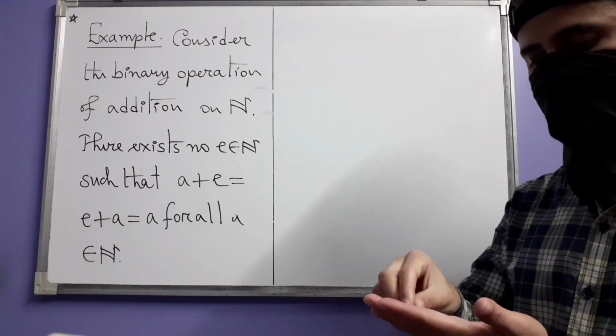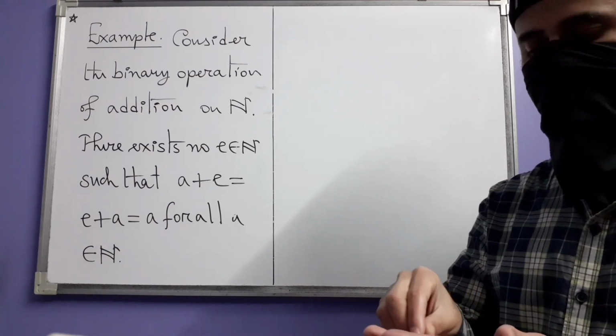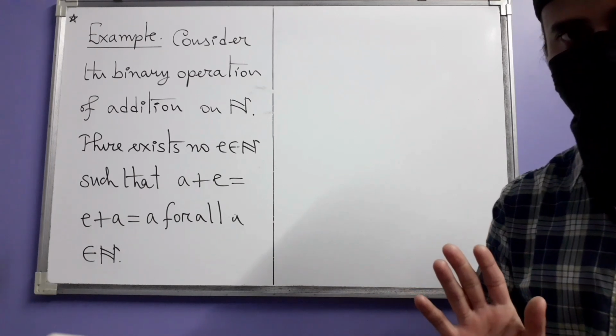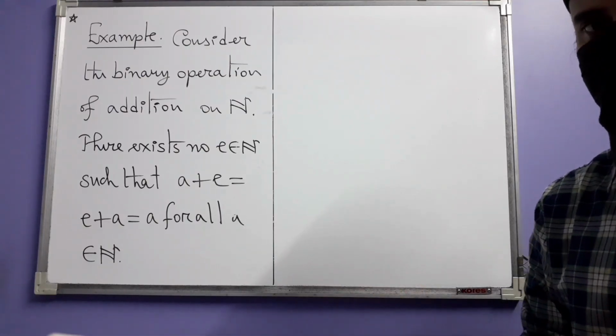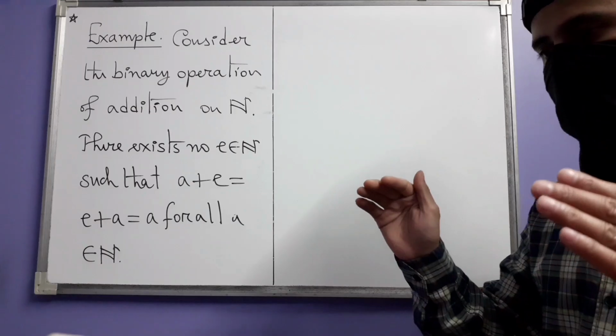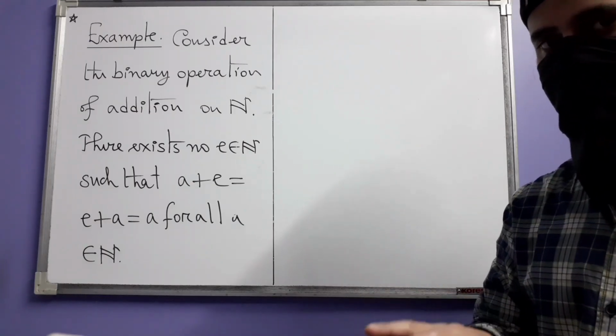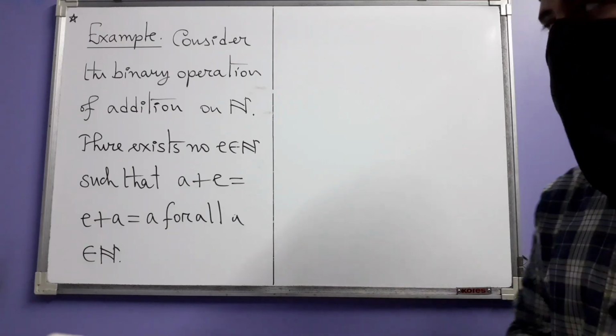Yes, because if you take two natural numbers, then their sum is a unique natural number. That is why. Do not take anything for granted. Unless you are absolutely sure that yes, this is the case, do not move forward.